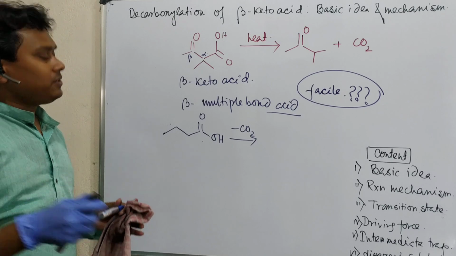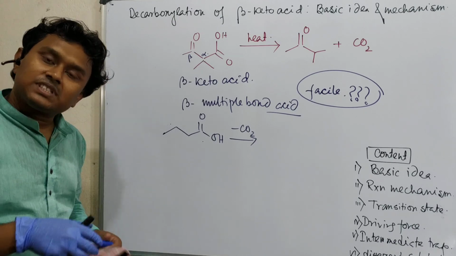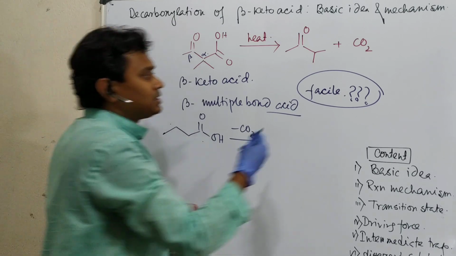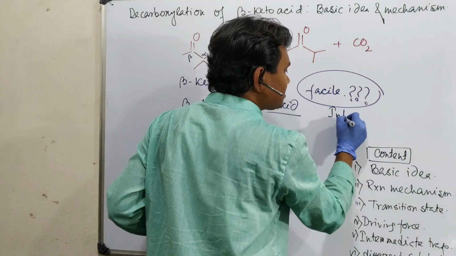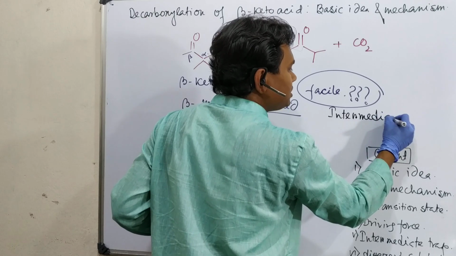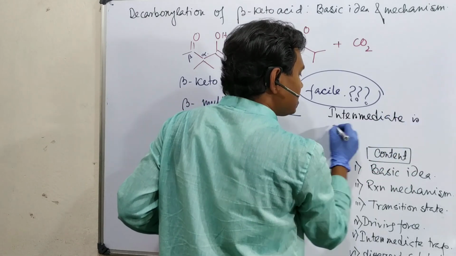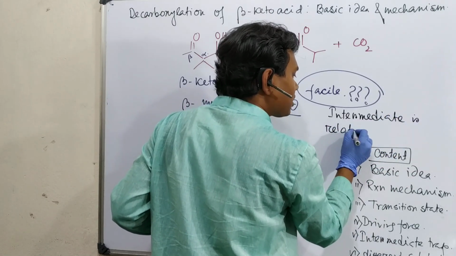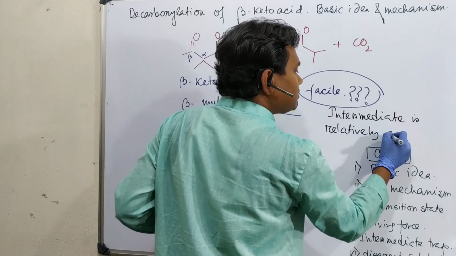When we say something is facile, that means the intermediate is stabilized. Simple logic. The intermediate is relatively stable.